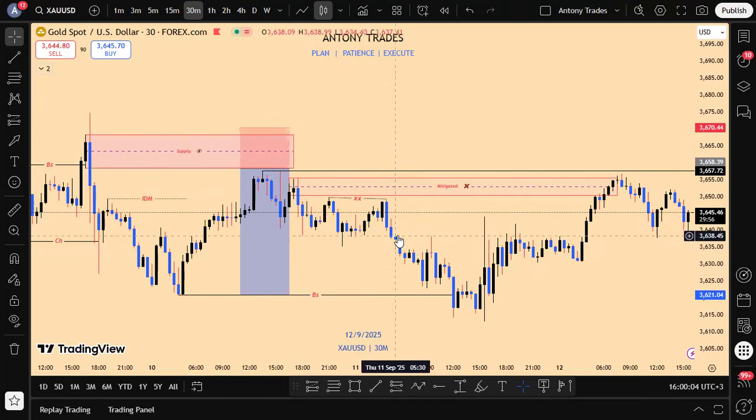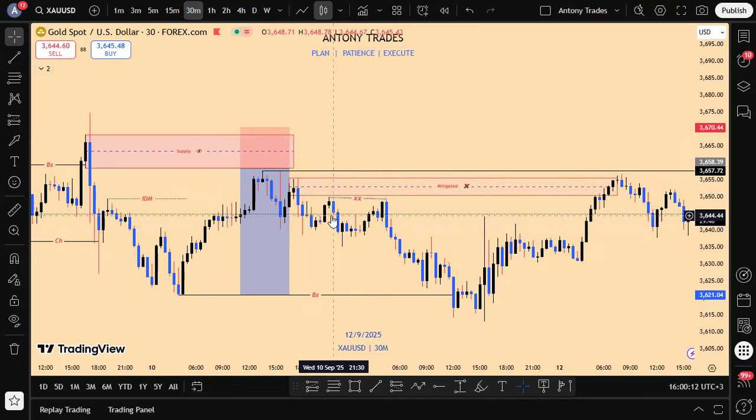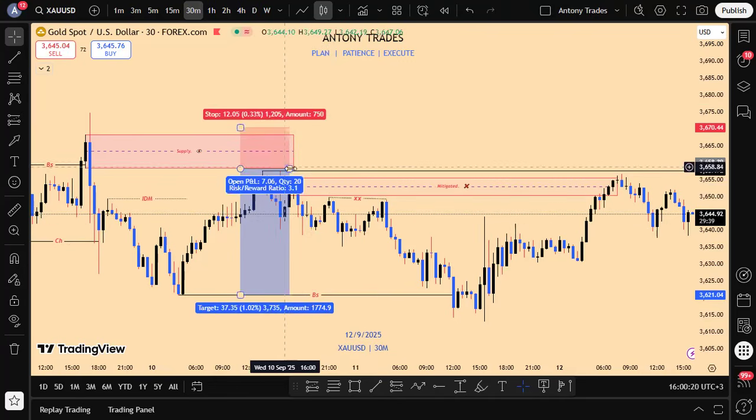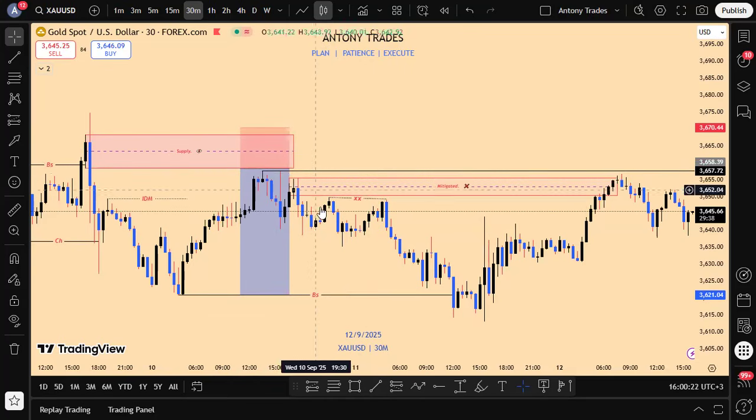In fact, after 6 p.m. in my time or in my country, that is when I deleted my limit order. I think when the market was somewhere here, 6:30 somewhere here, I just deleted my limit order because I knew very well I'm out of the time and I don't trade outside the session.